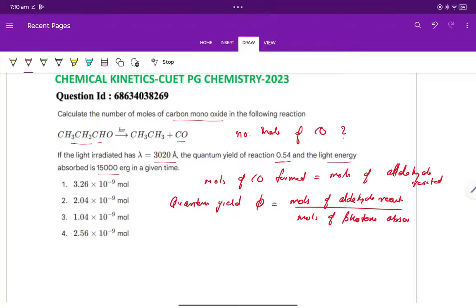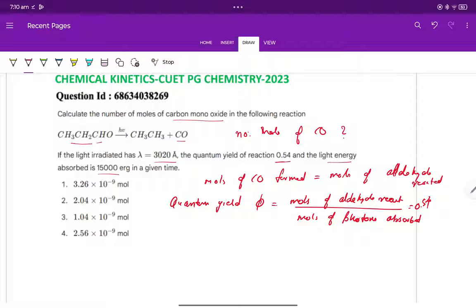If the same number of aldehyde has reacted as the number of moles of photons absorbed, the quantum yield phi will be equal to 1. But we are given phi as 0.54, so it is not that high a quantum yield reaction.